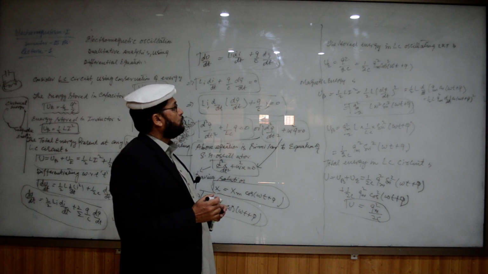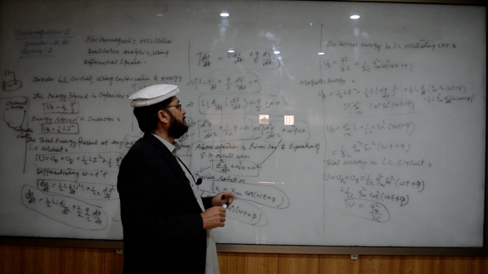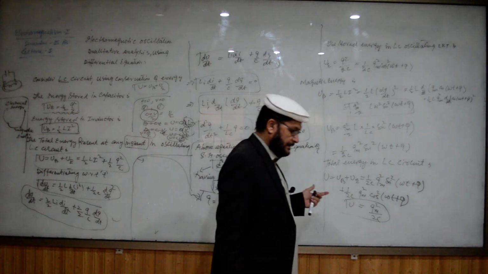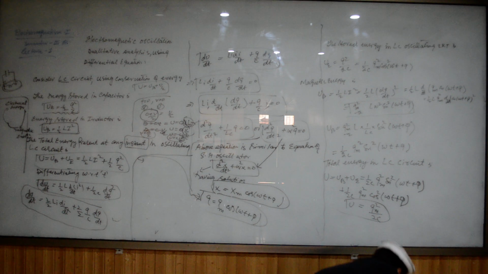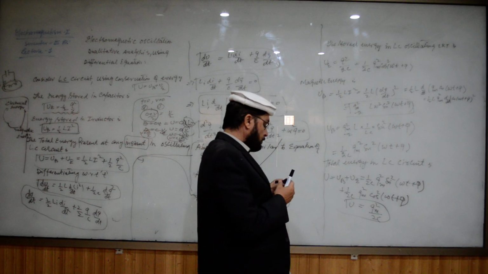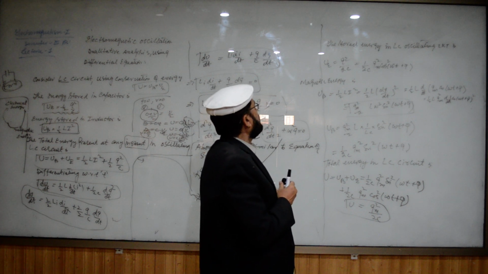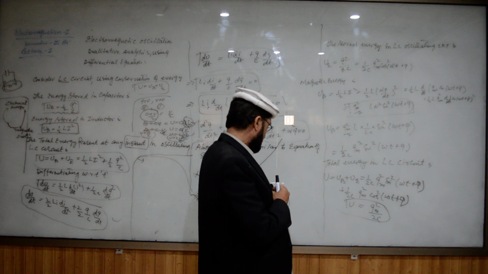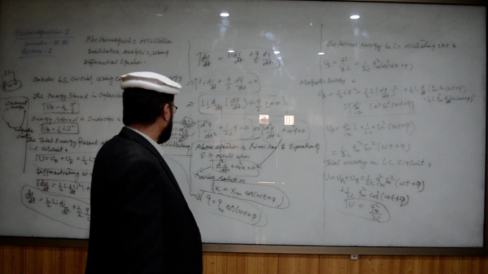Okay, the stored energy in an oscillating circuit. First we take the energy which is stored in the electric field of a capacitor, UE is equal to 1 by 2 C Q square. Now what is the value of Q?